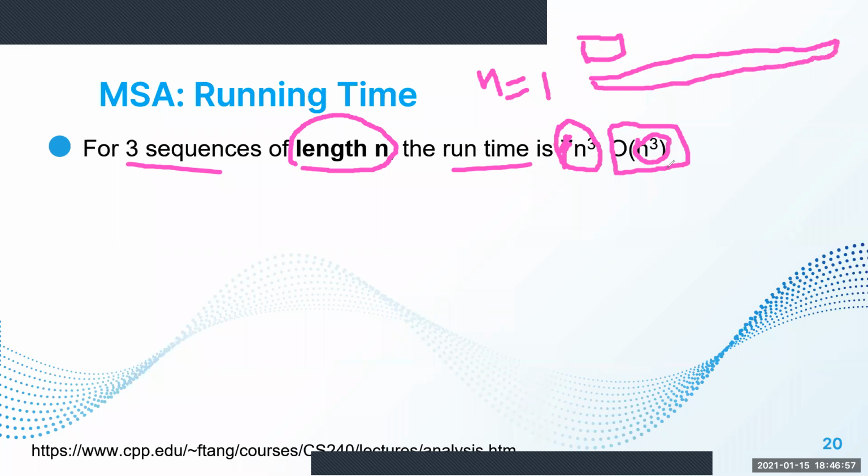The time taken grows depending on the number of characters in the sequence. If n is 1, it executes quickly, but if we have 10,000 characters, it will take some time. That's the idea: the running time depends on the input size, meaning the length of the sequence.